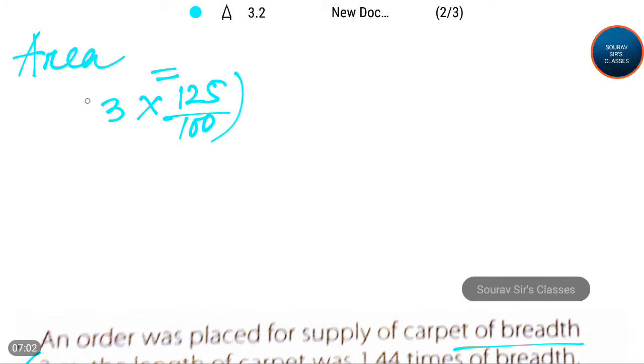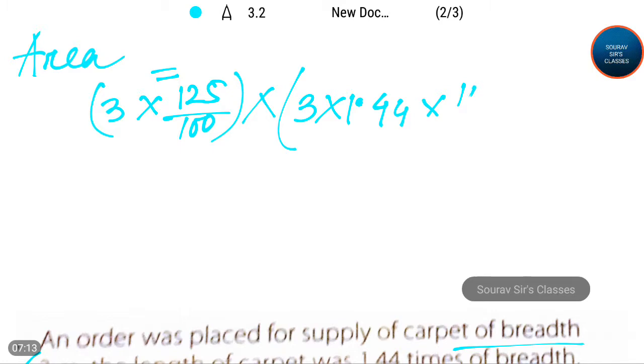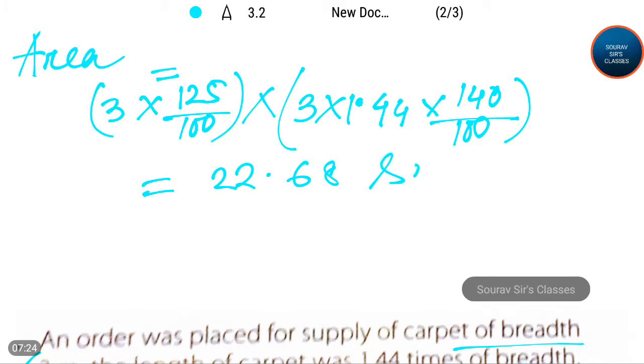So this is 125 into, now this is the length, that is 3 into 1.44 into 140, because the length was increased by 40%, divided by 100. So this value is 22.68 square meter.